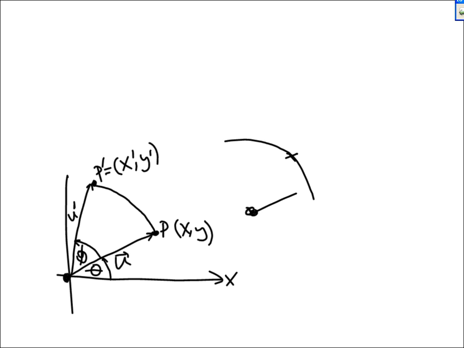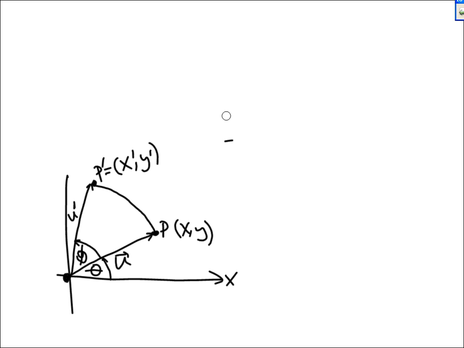Now, maybe we went from that point right here to the point over here. Well, if that's the case, those two distances are the same. These vectors have the same lengths. Okay. And let us call that length r.